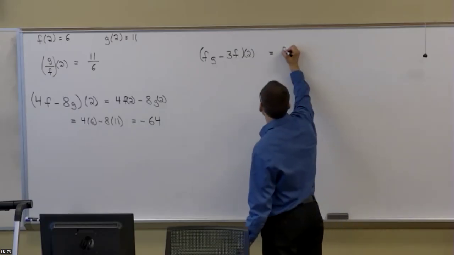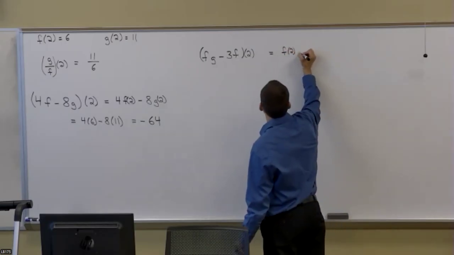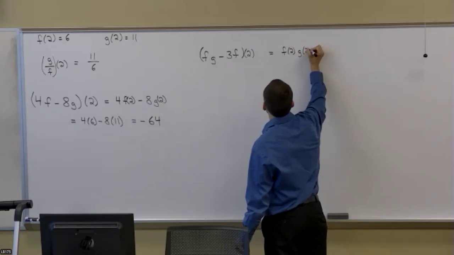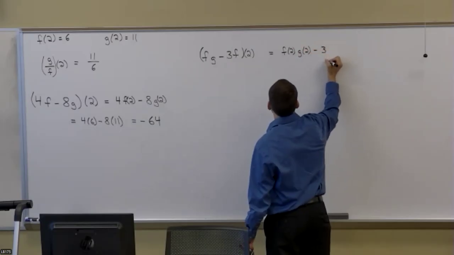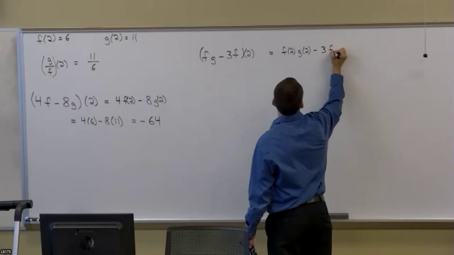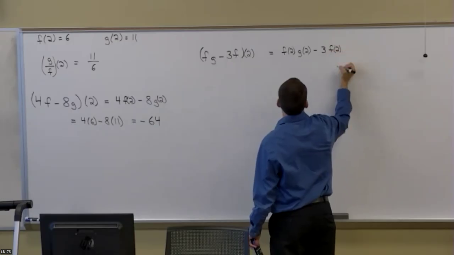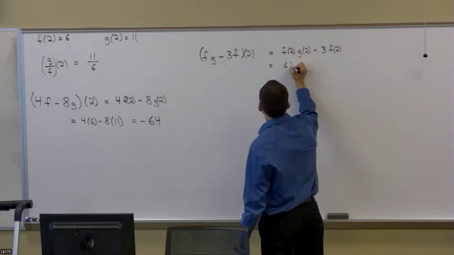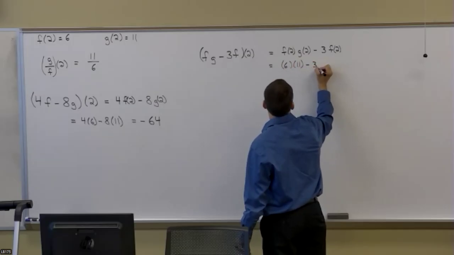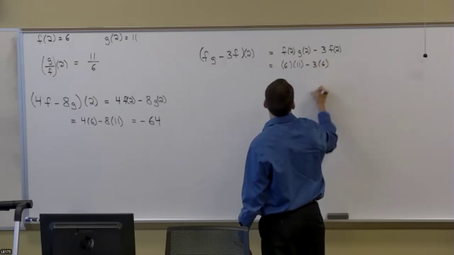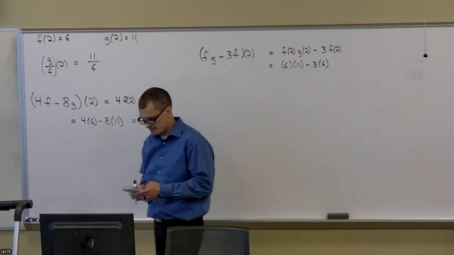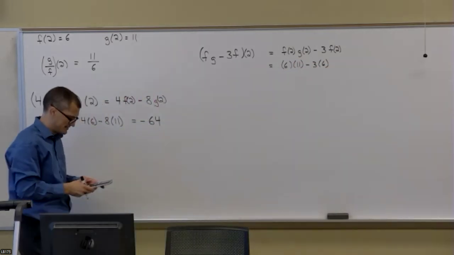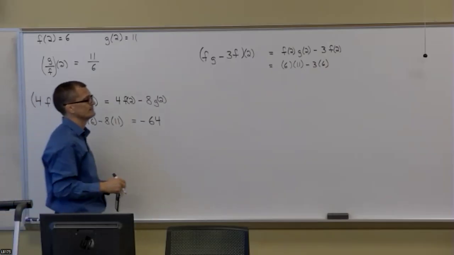So that's like taking F of 2 times G of 2 minus the constant 3 multiplied times F of 2. 6 times 11 minus 3 times 6. So that's 66 minus 18, 48.